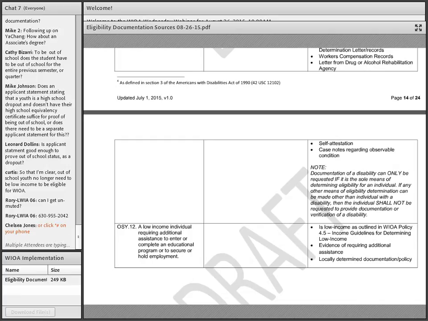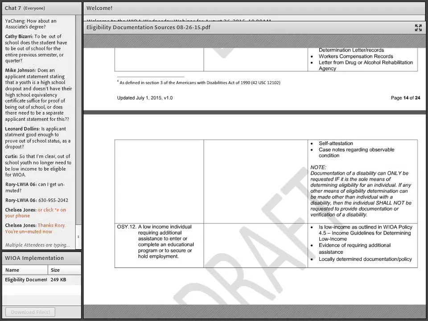To answer Curtis's question, for out-of-school youth, if they have any of the barriers that are specified, other than youth needing assistance or the individual who is a high school graduate or earned a GED and is basic skills deficient, those two must be low income. Any of the other barriers for an out-of-school youth do not require you to support low income.